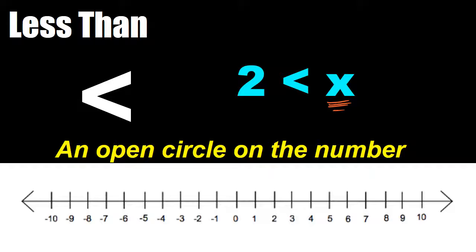So in this case, I have 2 is going to be smaller than all the numbers that I put in for x. So once again, I'm going to do the open circle on 2, and any number I put in, 2 has to be smaller than it. So I have 2 smaller than 3, 2 smaller than 4. So my arrow is going to be going to the right this time. And so that's why I say you gotta be super careful.